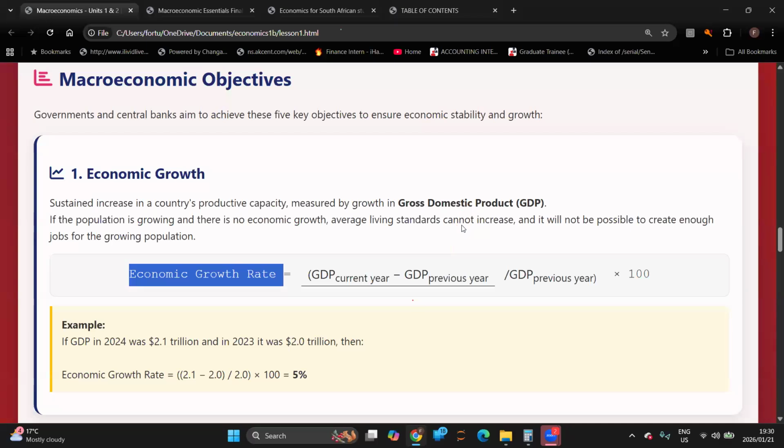element. Then secondly, someone talked about it being important to grow an economy in order to increase incomes of individuals. So obviously, in order to improve the standards of living of the individuals that are currently there or that are going to be there in the future, you need to have an increase in the gross domestic product, because it will trickle down to how much income those individuals would get at the end of the day. So the better the growth, the better the incomes they are likely going to receive as well.